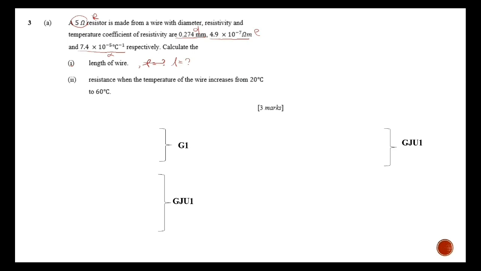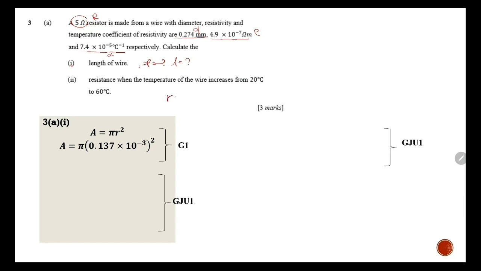3 marks. First, in order to calculate the length of the wire, we have to calculate the area of the wire. Since we have been given the diameter, which is 0.274 mm, the radius is equal to the diameter divided by 2. So the area is equal to 5.9 times 10 to the power of negative 8 meters squared.